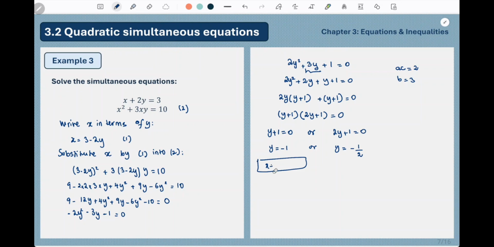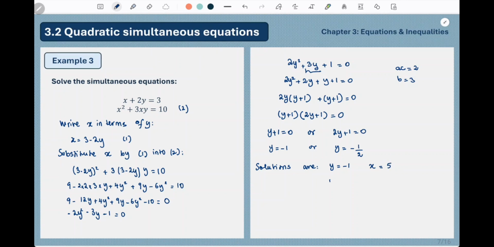So let's just do it directly. The solutions are: for y equals minus 1, x will be 3 minus 2 times minus 1, so 2 times minus 1 is minus 2, then 3 plus 2 is going to be 5. So x is going to be 5.